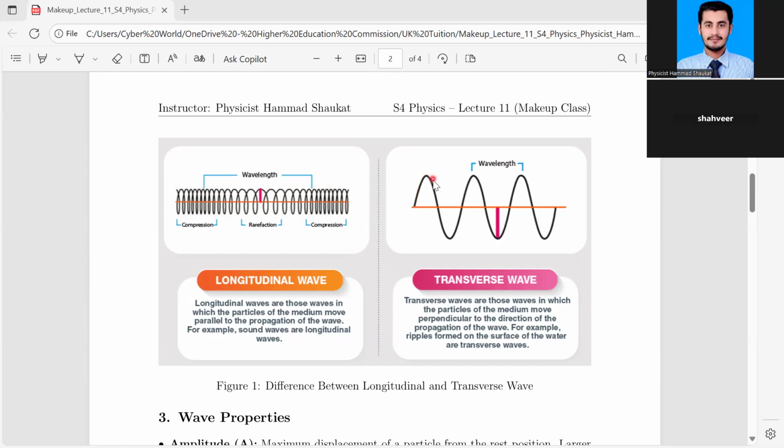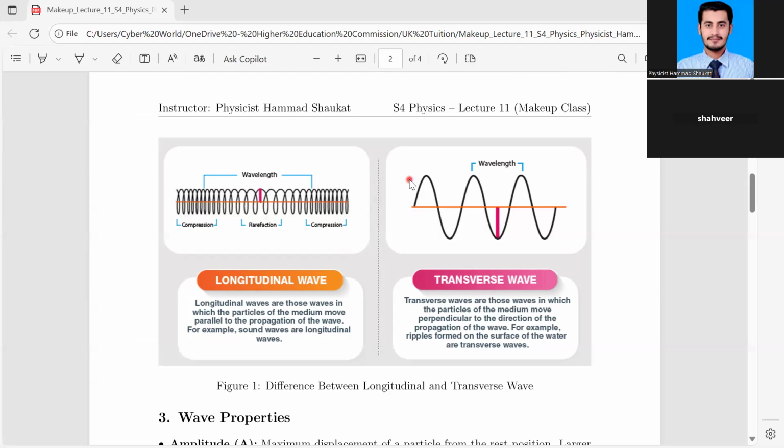So here you can see up to this one wave completes. Again, up to this, the second wave completes. Again, up to this, the third wave is complete. So can you tell me how many wave cycles are there in this figure? Three.